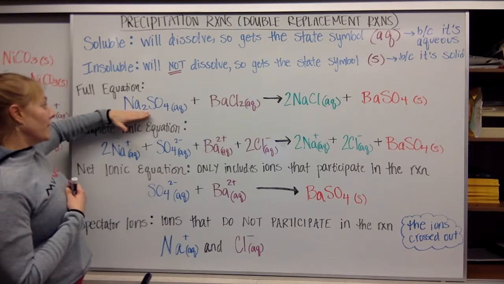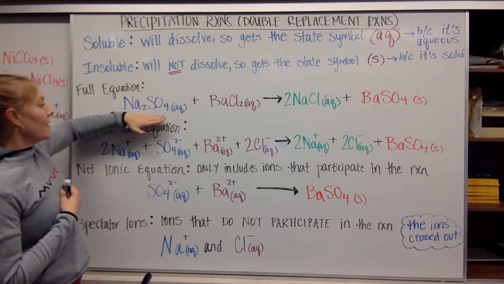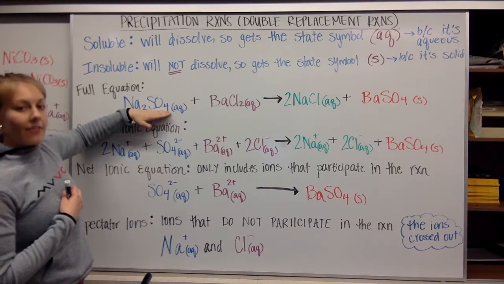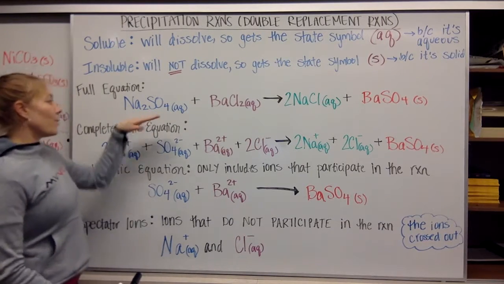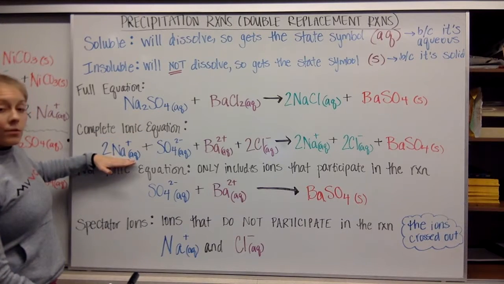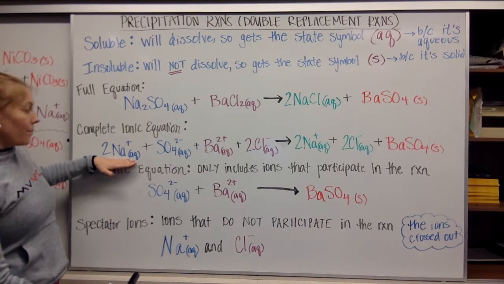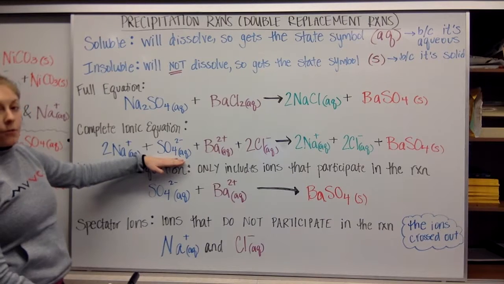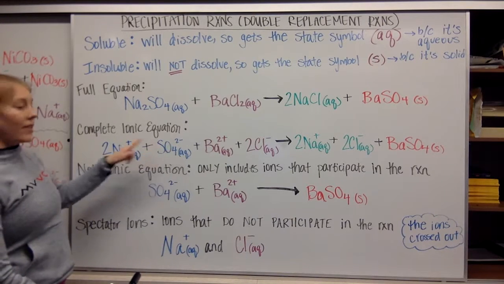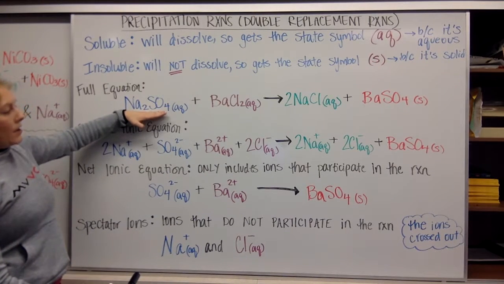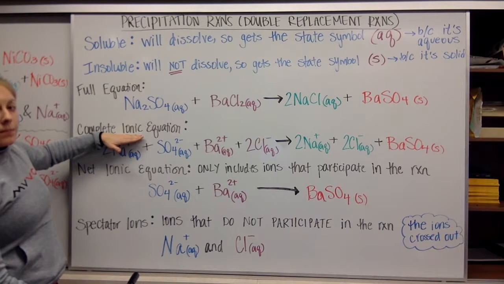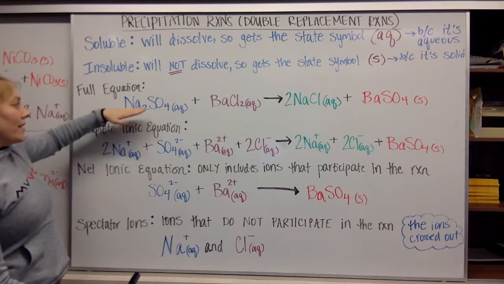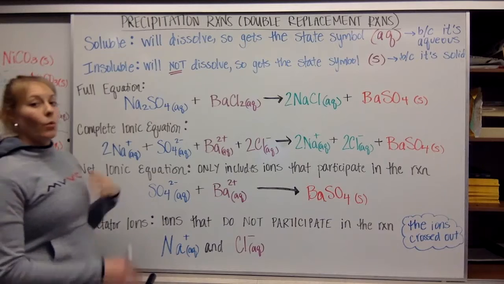Na2SO4 is made up of two sodium ions and one sulfate, SO4 ion. So that will break down into two Na+ and one SO4 with a 2- charge. These are the ions that make this up, all right? So here we're writing the complete ionic equation. What ions is this actually breaking down into when it's dissolved?